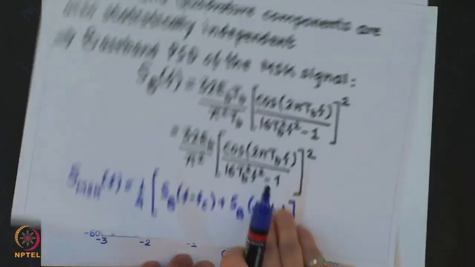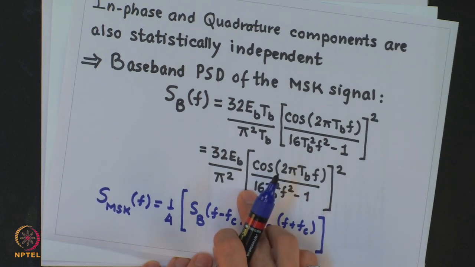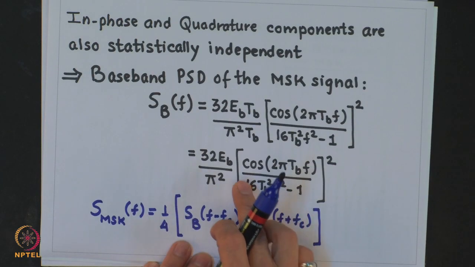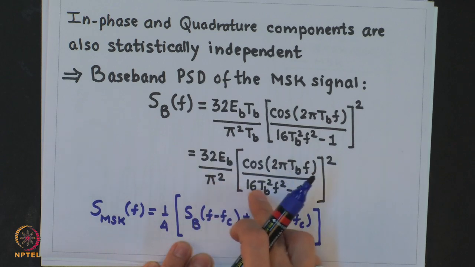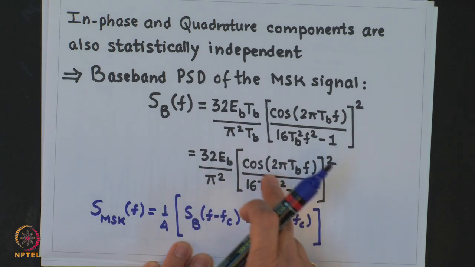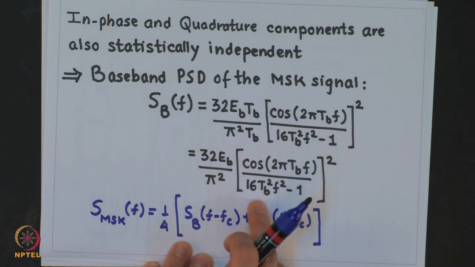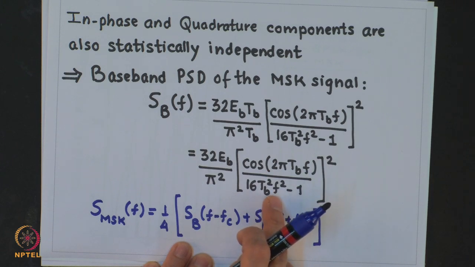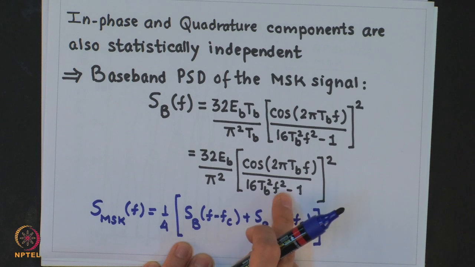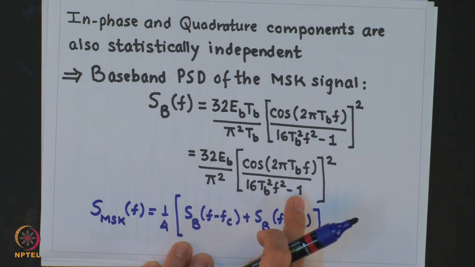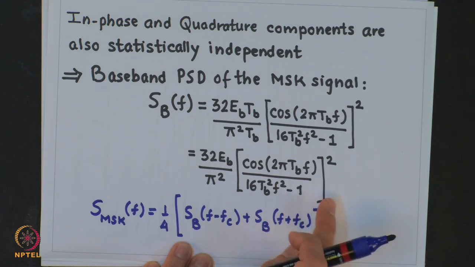So, from this equation, it is clear that the power spectral density for the MSK decays as the 4th power of the frequency, which is considerably faster than the 2nd power of the frequency decay behavior of the power spectral densities of the BPSK and QPSK or offset QPSK, correct.